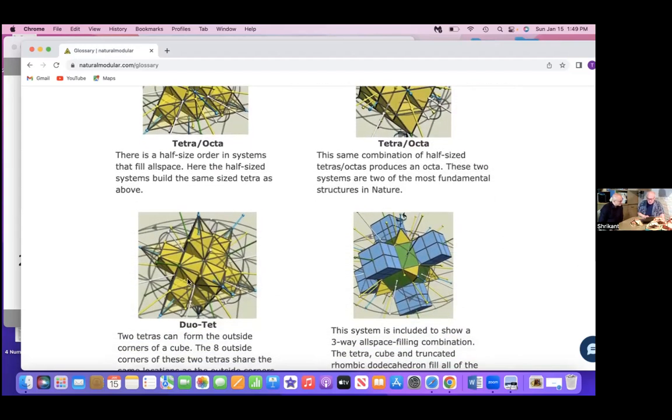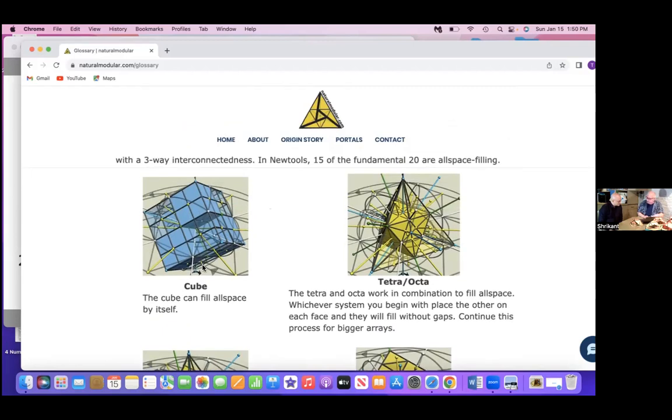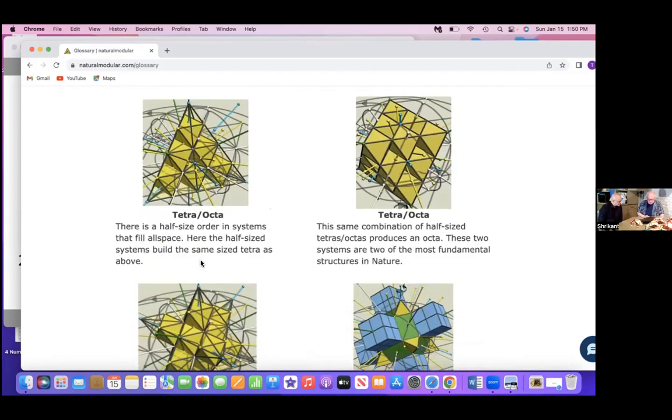And then there's the duotet. You see these 8 corners. These are 2 tetrahedrons that share the same center but go in opposite directions, and so it makes the cube; these 8 corners are the same 8 corners as here.